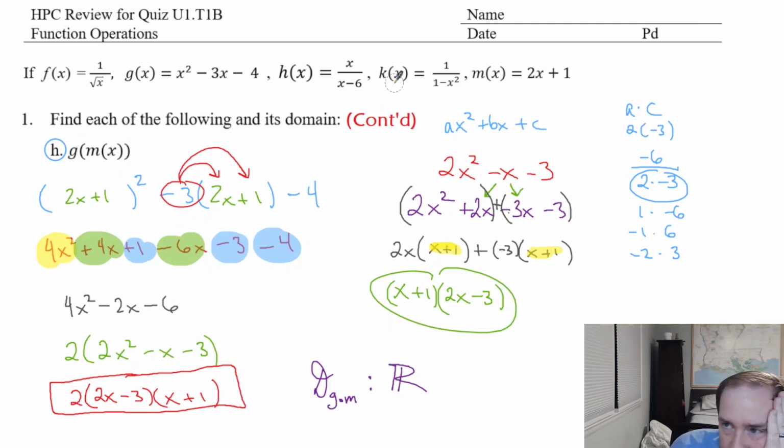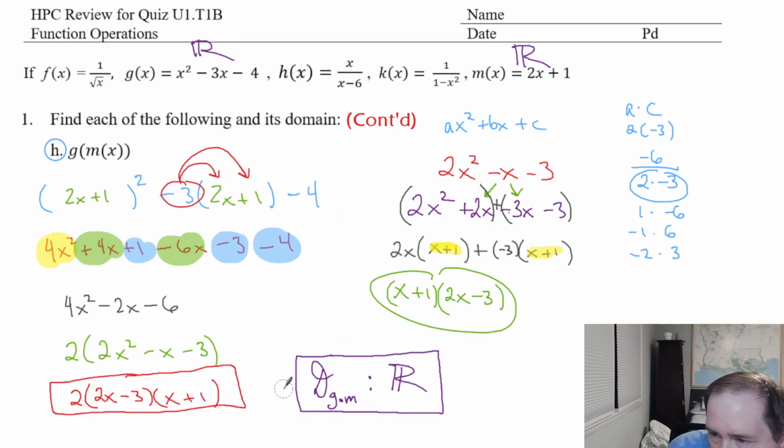This guy doesn't, because as we already said, looking at the inner function M, his domain was all reals. Then looking at the outer function G, its domain was all reals. And so, no, there were no values that we needed to restrict from the domain of the composition. So there you go. There is your function rule, ding, and here's your domain, ding.